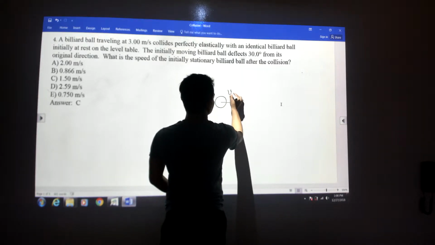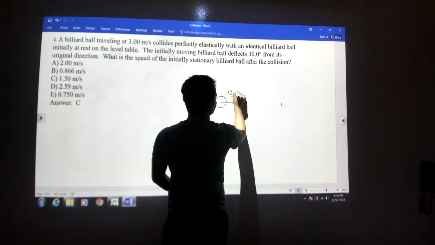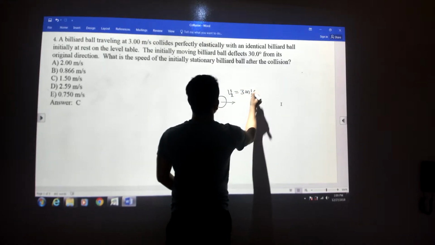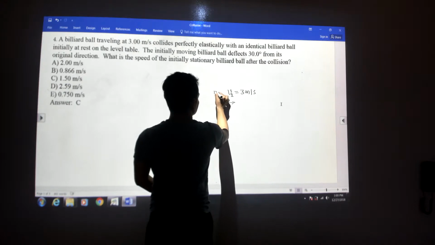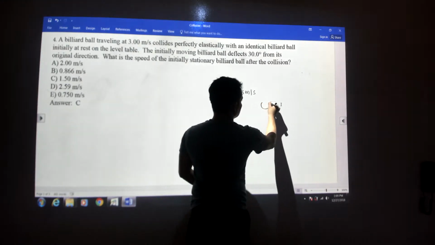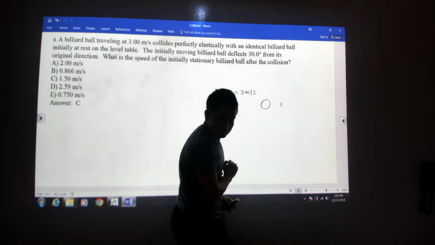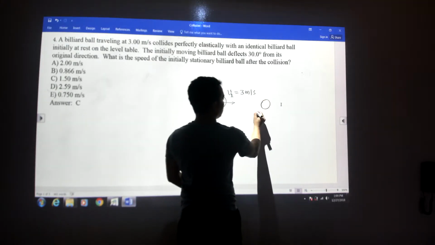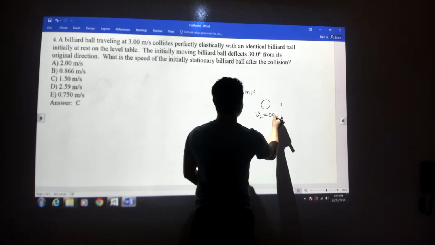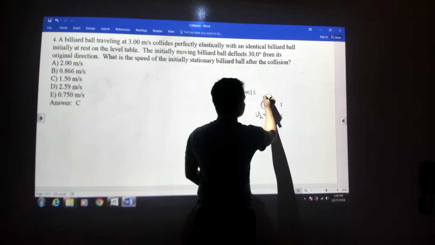This velocity, I'm calling it V1I, is 3 meters per second. And the mass, let's say, is m. Then you have another ball, which is at rest. So the velocity of this ball is 0 meters per second, and the mass is again m.